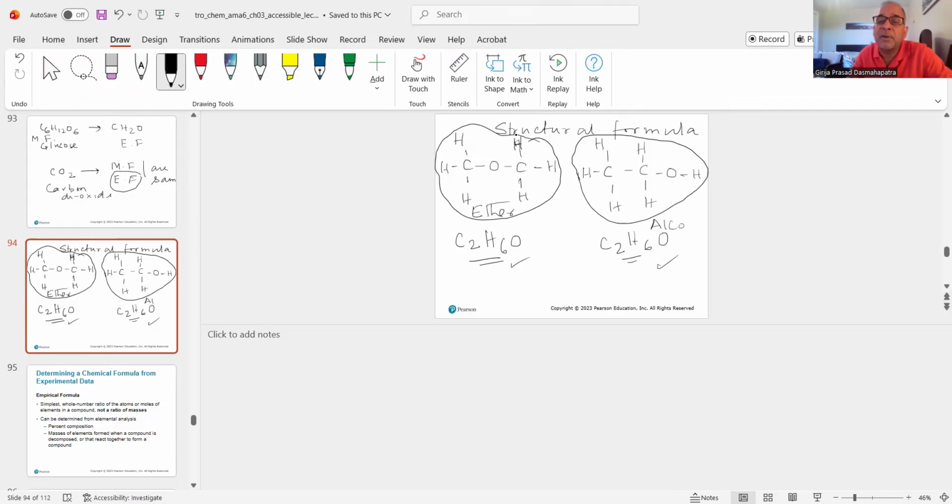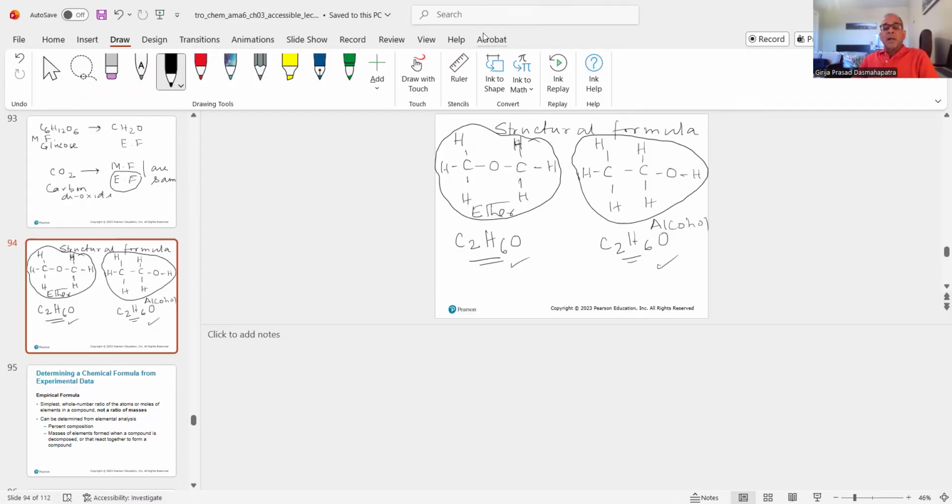They are very different compounds, but represented by the same formula. That's called structural formula. So sometimes it is necessary to know how they look. More discussion will come maybe at the end of this chapter or in your next class or the next to next class.